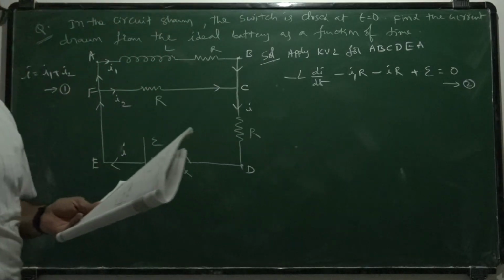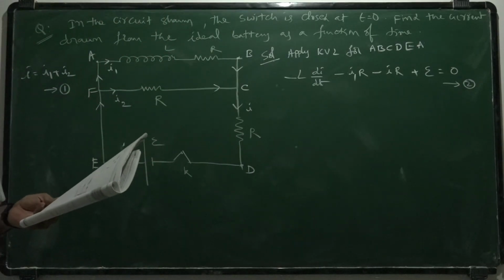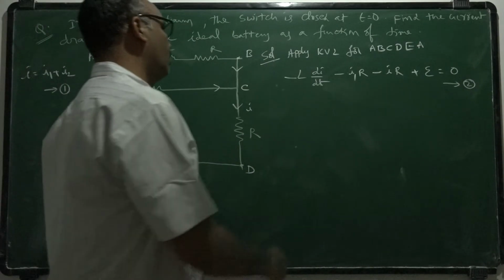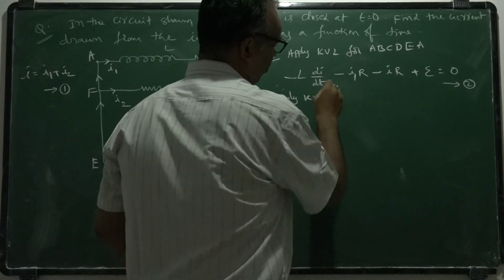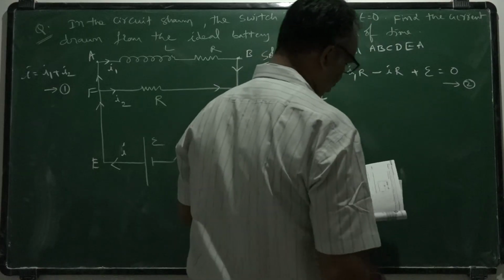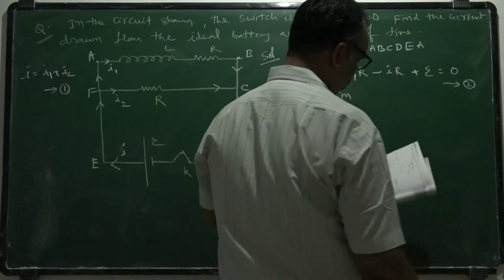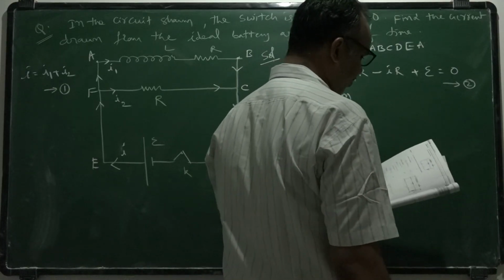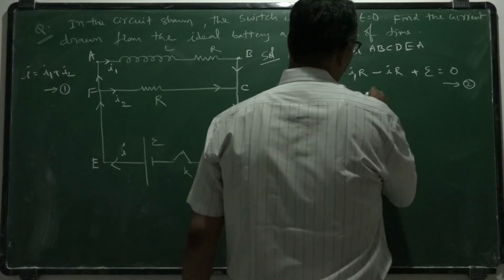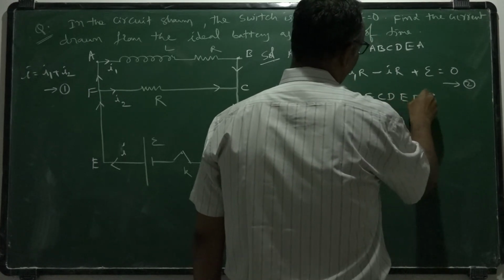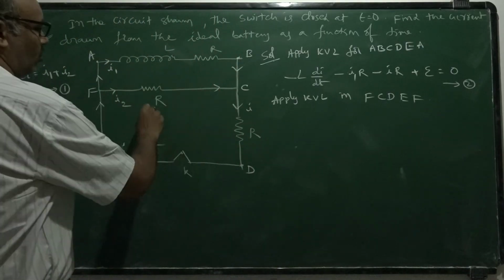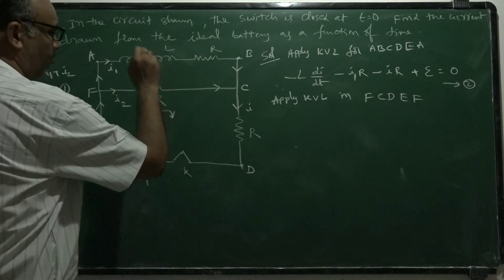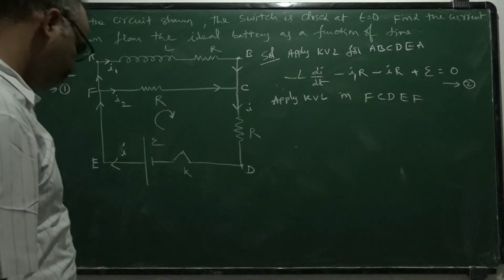Now, again let me apply KVL in another loop. The name of the loop is FCDEF. So this is the loop. In this loop I am going to apply KVL by moving in this way.